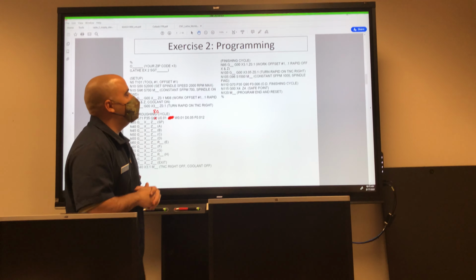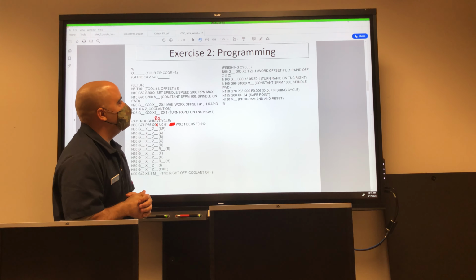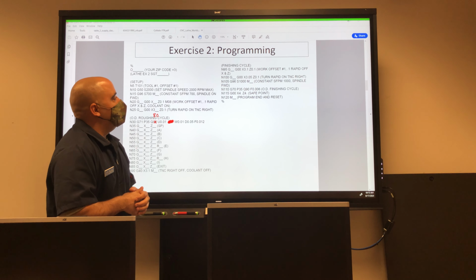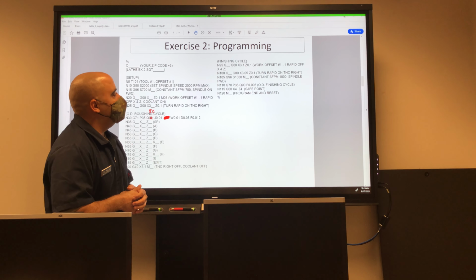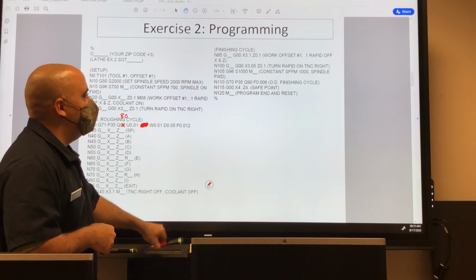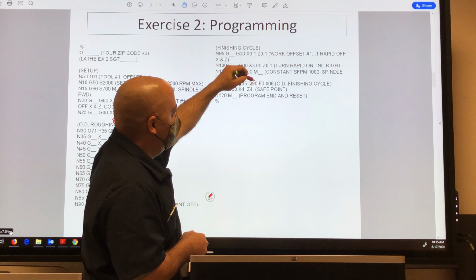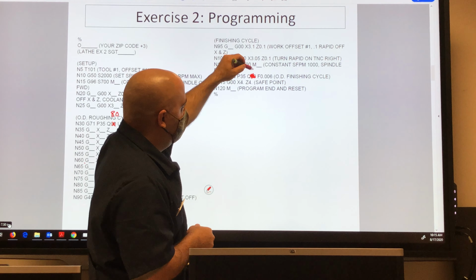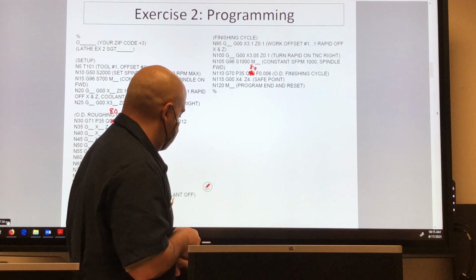So Colado, 110. In 110, the first code is going to be G70, which is the finish cut. You're telling the machine that you're going to start the finishing cut, and then it goes to P35, which is the beginning. You're going to look back to N35.